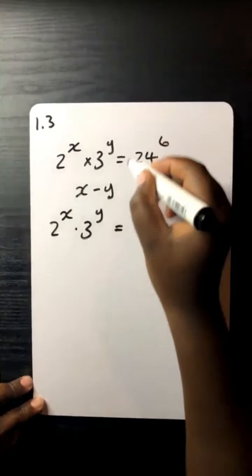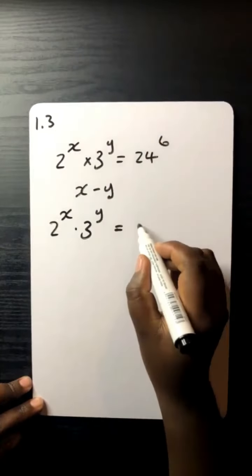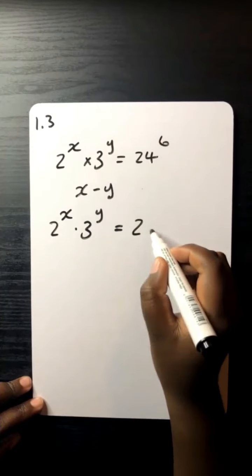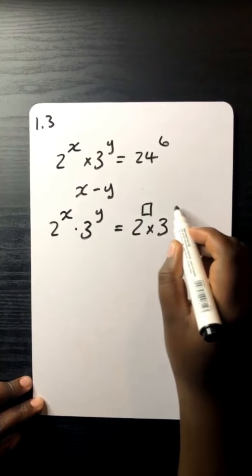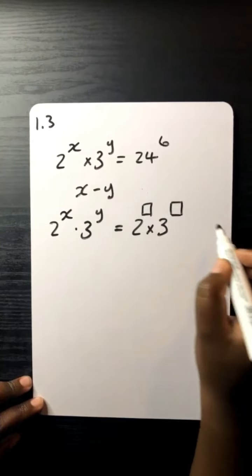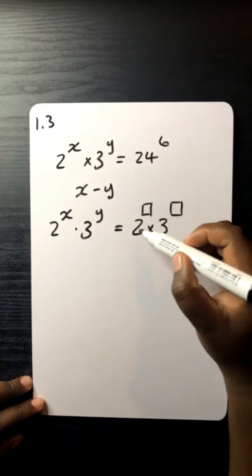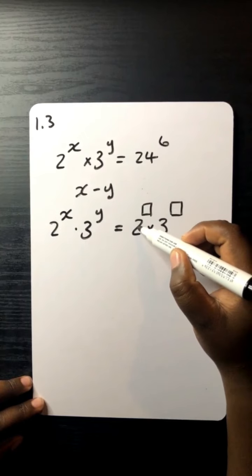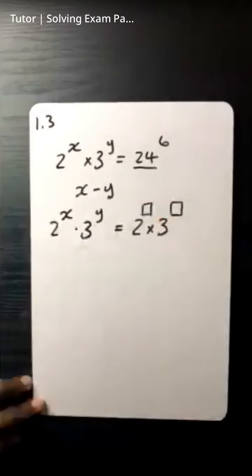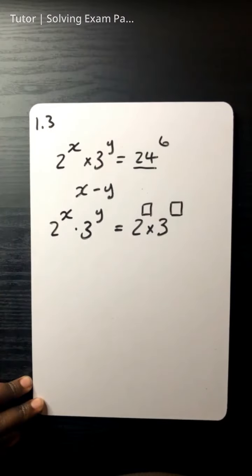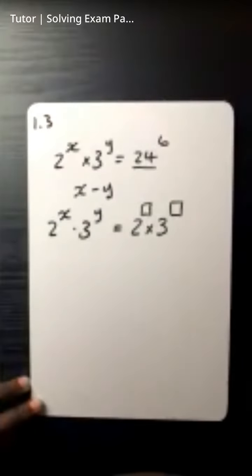Work out this thing such that it is the same as 2 multiplied by 3 to the exponent something. So when you say 2 to the exponent whatever multiplied by 3 to the exponent whatever, it is the same as 24 to the exponent 6. That's what I think you can firstly do.